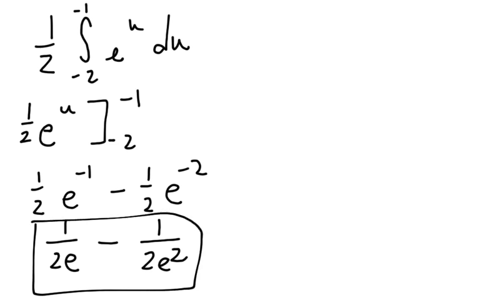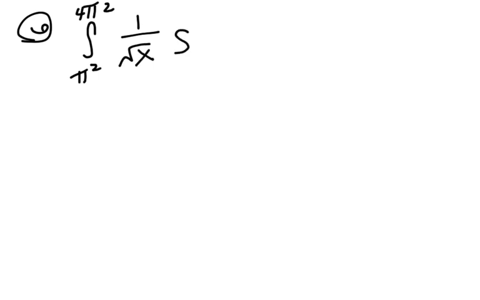Okay, we have one more example to do. Example 6. The integral from pi squared to 4 pi squared of 1 over the square root of x times the sine of the square root of x dx.